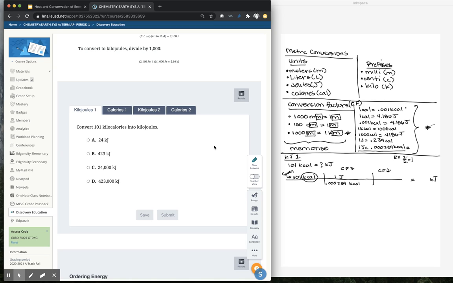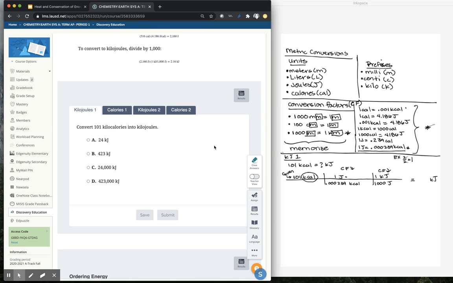I put a star next to it, where instead of meters, I'm going to switch out the M's with J's. And if I have 1,000 joules, that's going to equal 1 kilojoule. So I have joules on the top. Right here, I put a little dot next to it. So that means I'm going to have joules on the bottom. So I'm going to do 1,000 joules on the bottom is equal to 1 kilojoule.